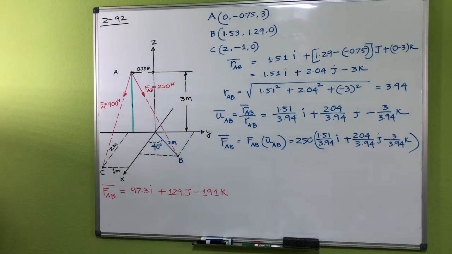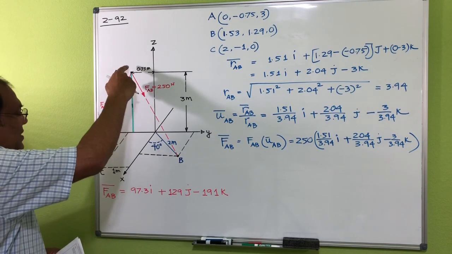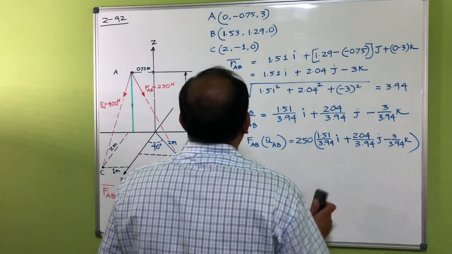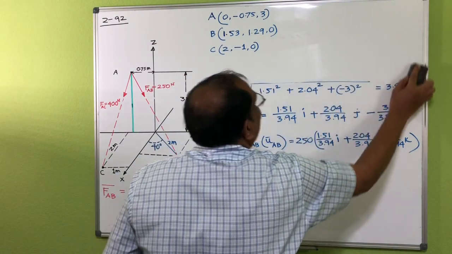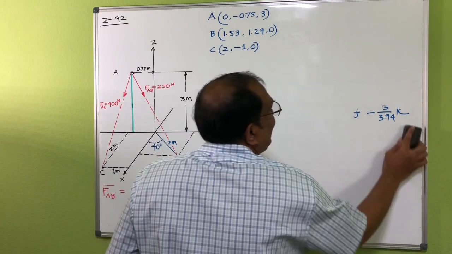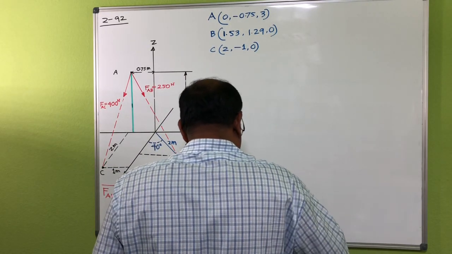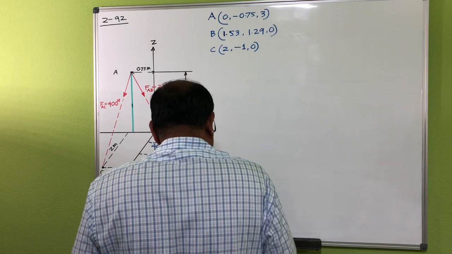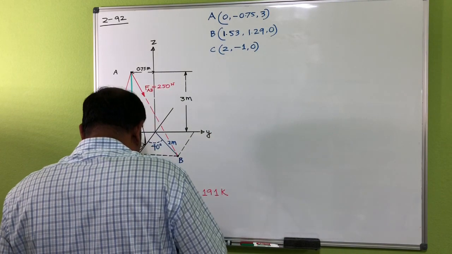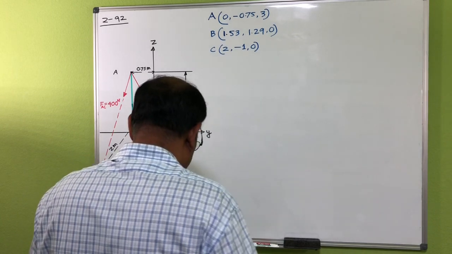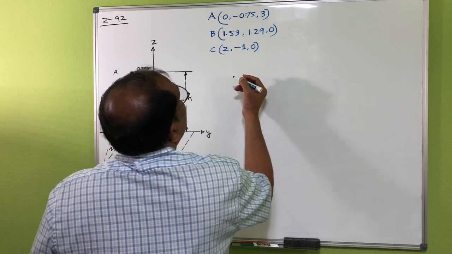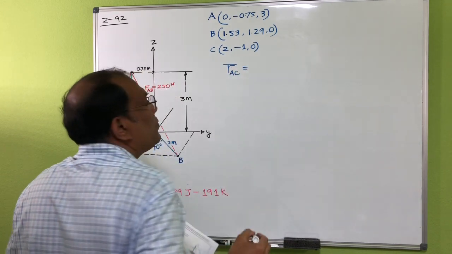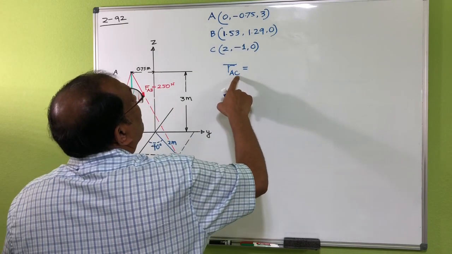Okay, now what we are going to do, we are going to express that AC into the force vector, right? So to do that, RAC, you can remember the formula, you have to subtract from C to A, right?